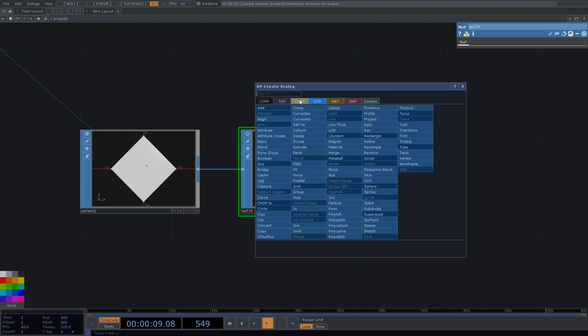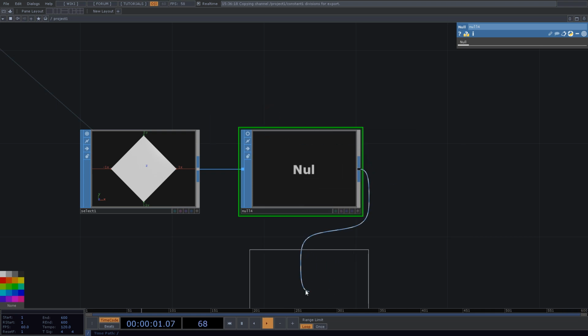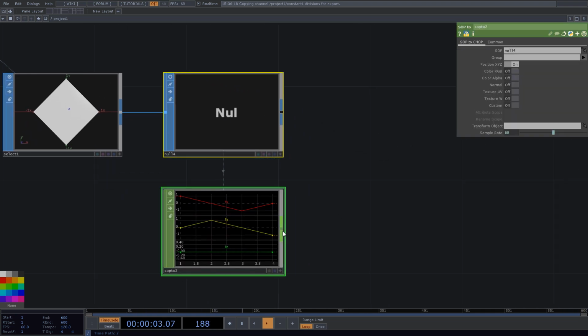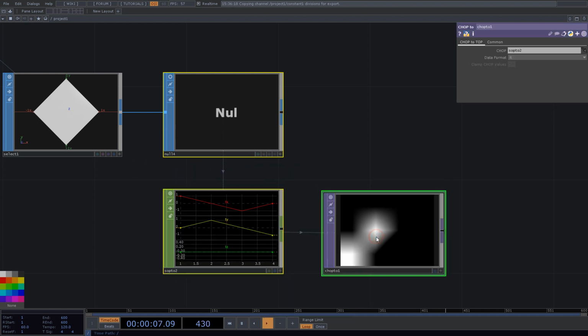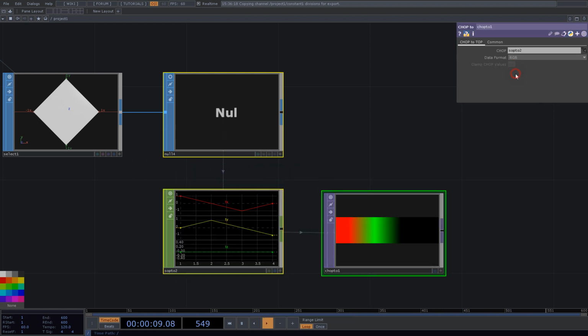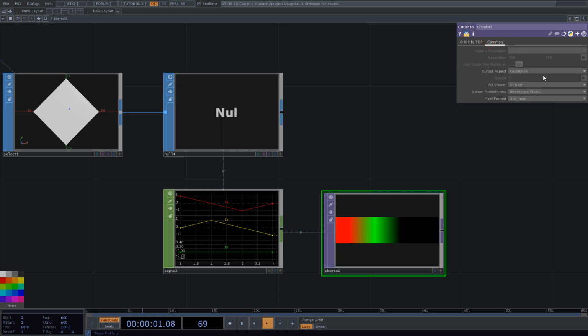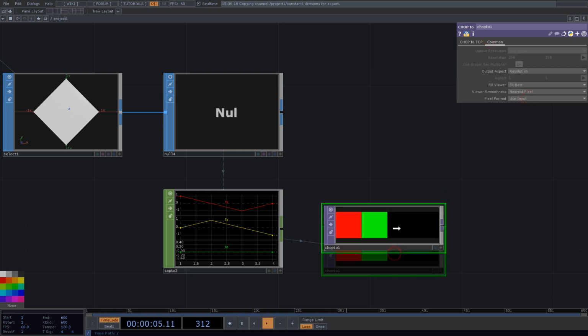So we go for chop, and here we go, chop to RGB. Okay, so I have 4 pixels here. The last two are black since they might be on the minus side of either x or y.